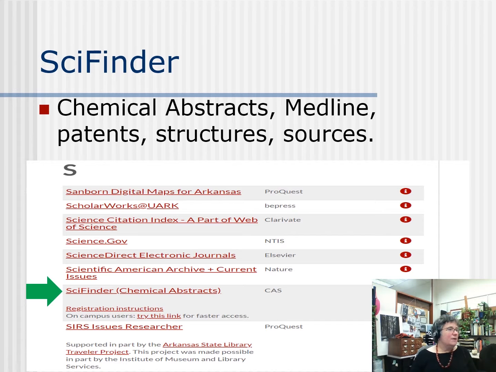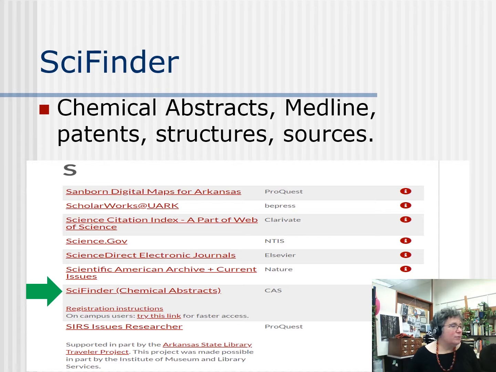Okay, SciFinder. SciFinder is one of those I think that could be used by a lot of people and isn't as much, which is one of the reasons why I wanted to mention it. It is chemical abstracts and Medline and patents and structures and some other things. So it's kind of complicated, but I think it's really interesting.